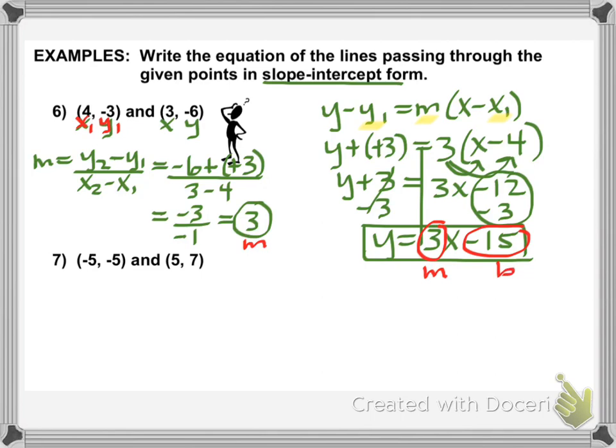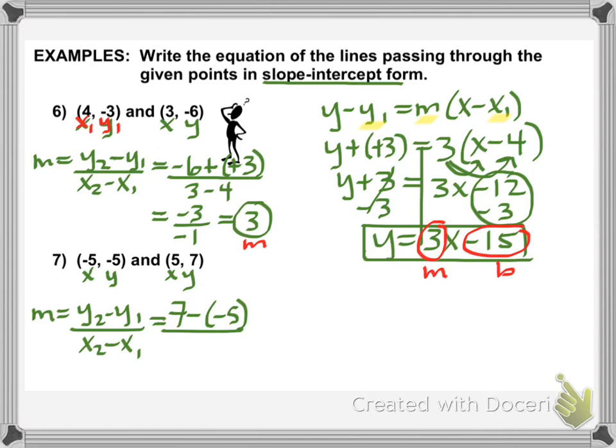All right, let's do number 7. So again, we have 2 points. So whenever you just have 2 points, you need to find the slope first using the slope formula. y2 minus y1 over x2 minus x1. All right, our two y values are -5 and 7. I'm going to do 7 minus the -5.